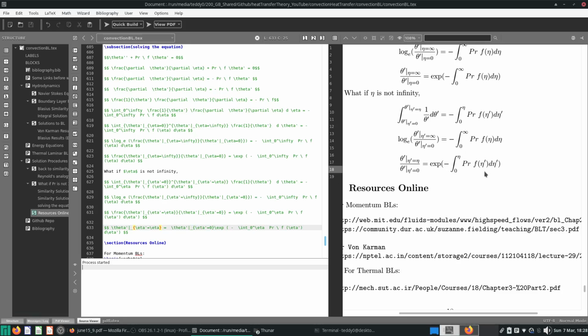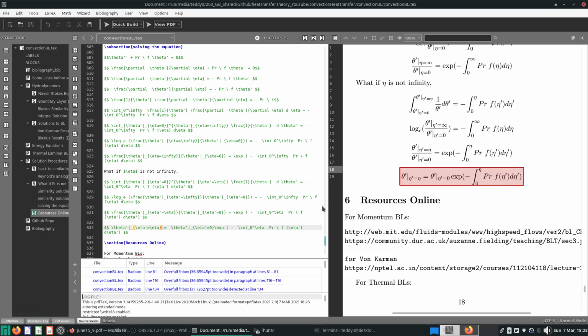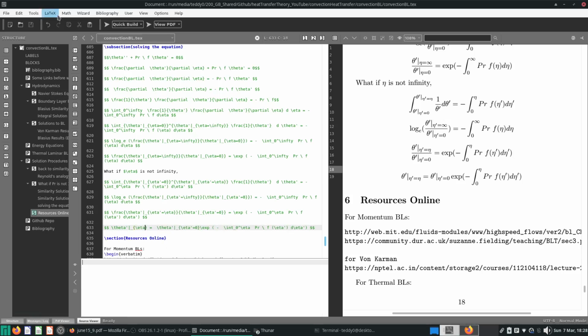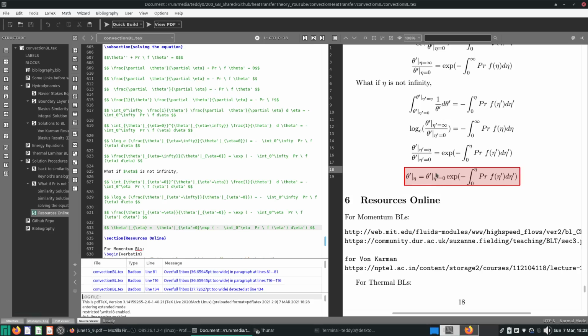Some people like to use the dummy variable beta over here. It's kind of the same, doesn't really matter. So this one is just evaluated at eta, theta prime evaluated at eta. Of course, then what we do now, we integrate again. Same idea. To get our temperature profile, integrate again.